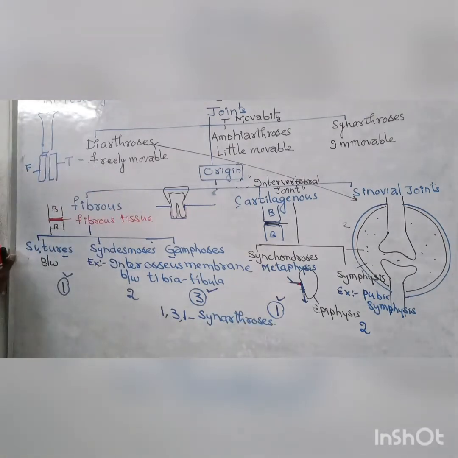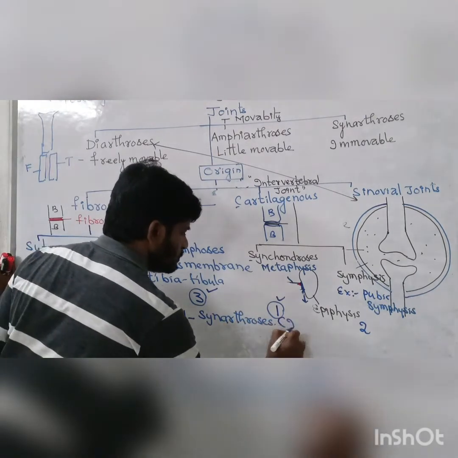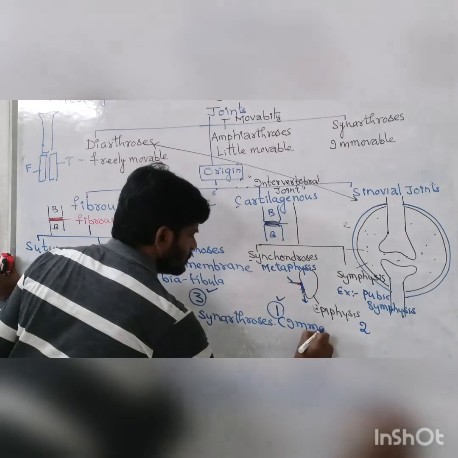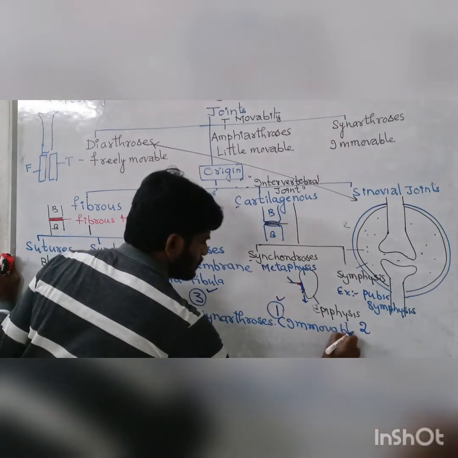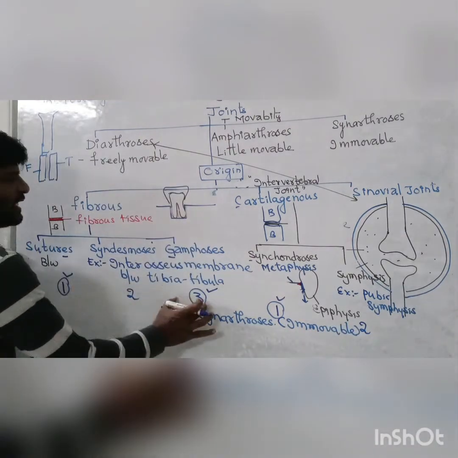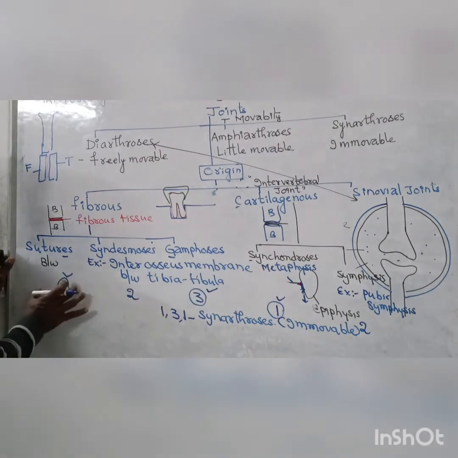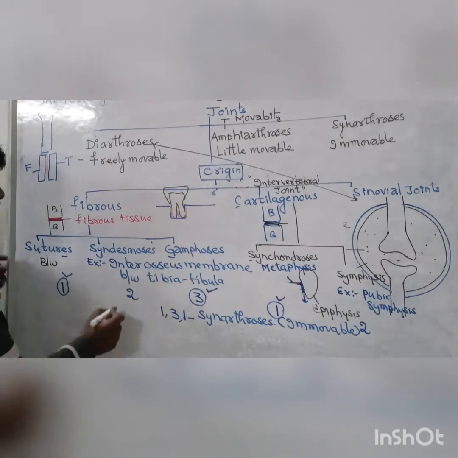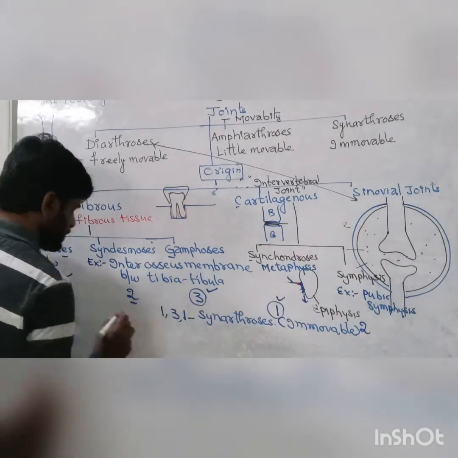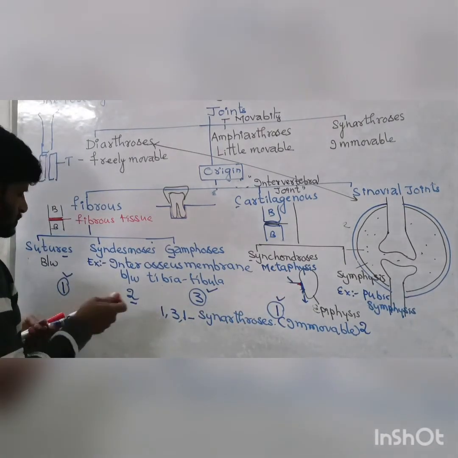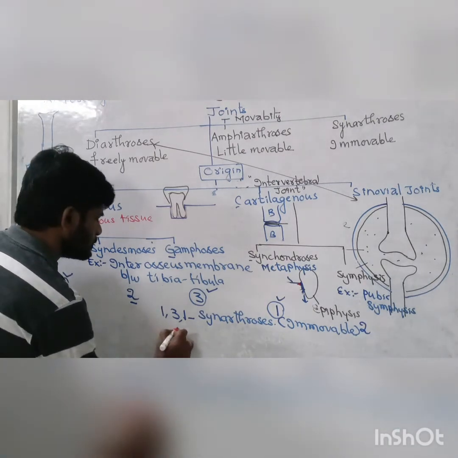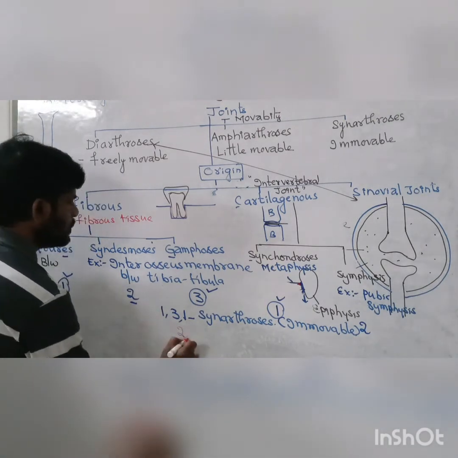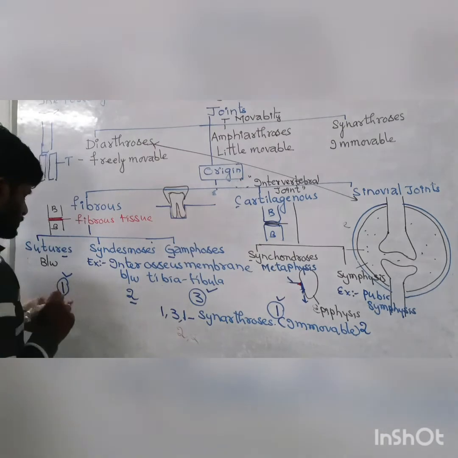They are totally immovable joints. Remaining are 2 and 2.